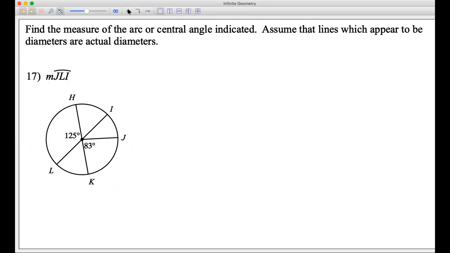We added up all the angles together of that major arc. 55, 125, 55, and 83. And then the two 55s, and that gave us 310. 55 and 55, 110, right?